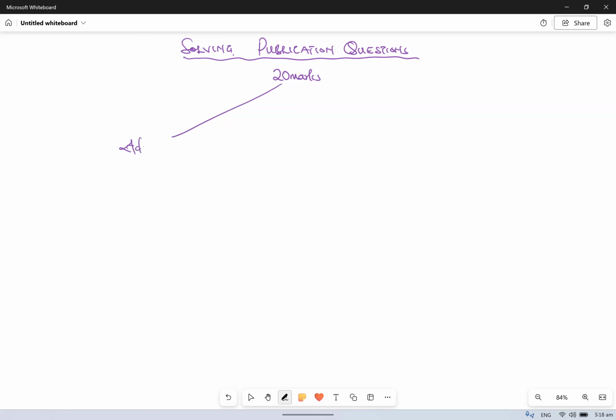draft retained earnings, or retained earnings. It can also be the one of publication style where you just do your SPL and your SOFP.